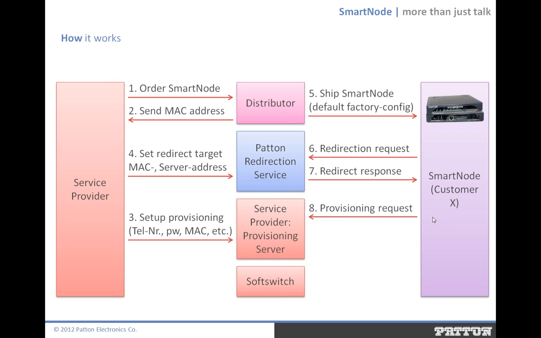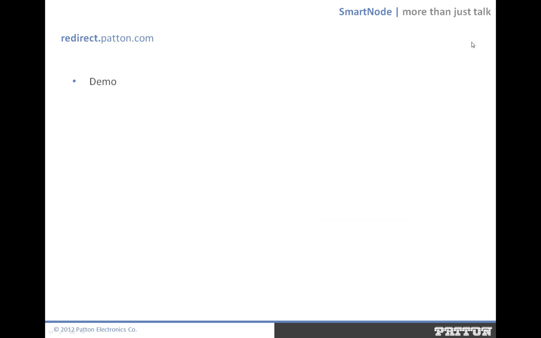The SmartNode sends a provisioning request to that provisioning server, gets an answer, usually config and firmware if needed, and then registers to the soft switch and makes VoIP calls. That's all the steps from ordering a SmartNode to the operation of it.